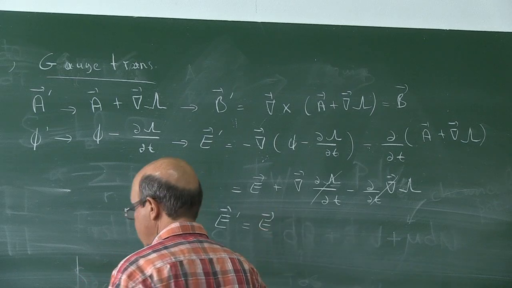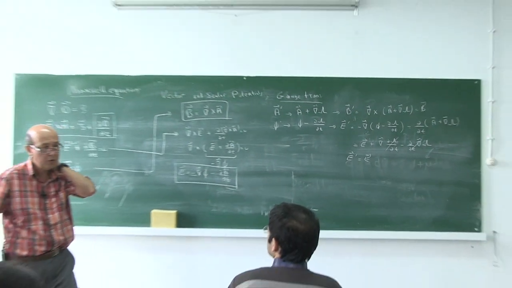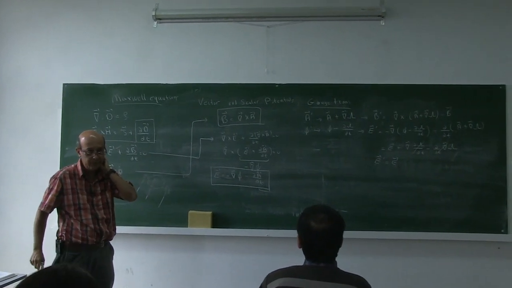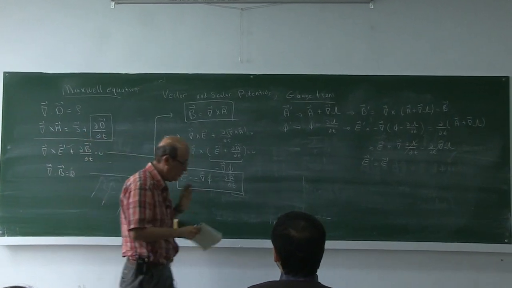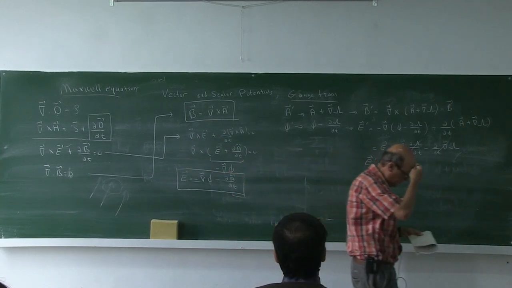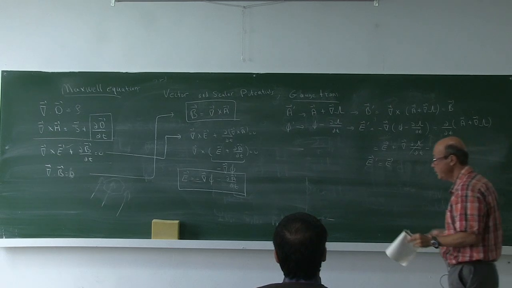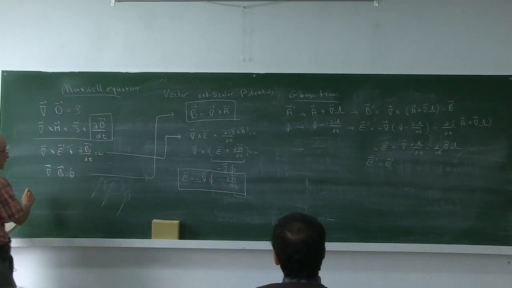So the bottom line, the potentials are not unique. Under certain transformations, they give us the same electric field and magnetic field. And the name is called gauge transformations. Now, we know the property of the gauge transformation: the fields are not affected by it.